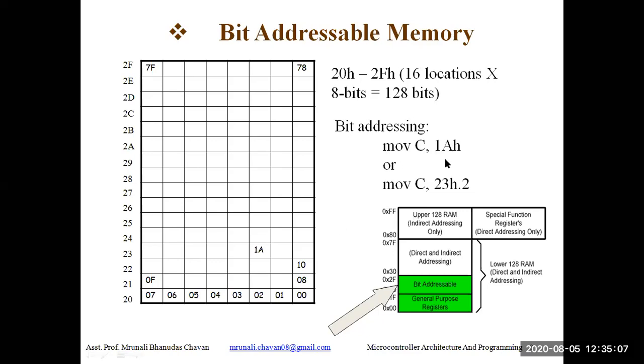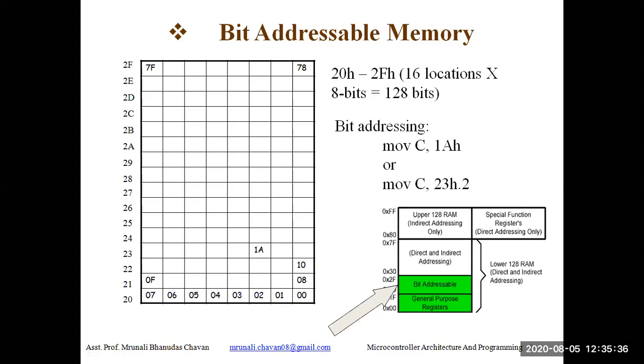The data at this bit will be transferred to the carry bit, or it can also be written as 23H.2, means 23H location's second bit. Okay, is it clear to all?